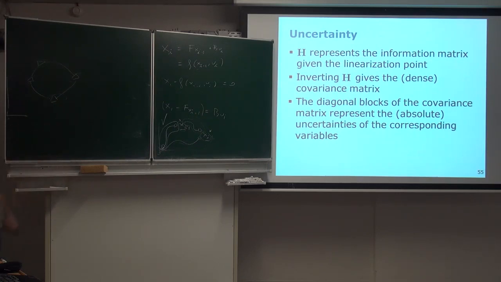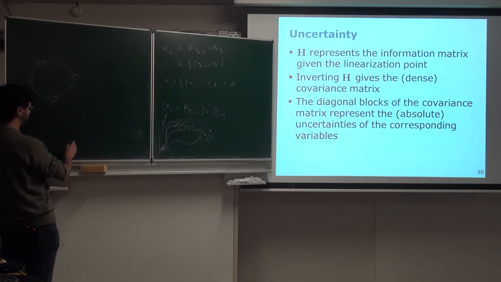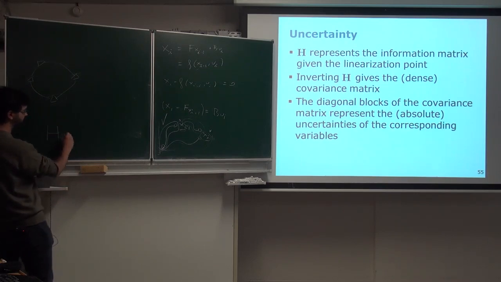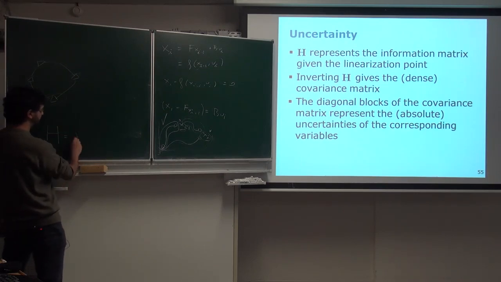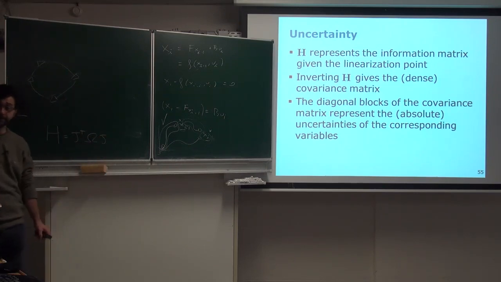Now, what we have seen in the previous lecture on least squares is that whenever we have our H, we can write it as J transpose omega J. This is the information matrix of the full system.